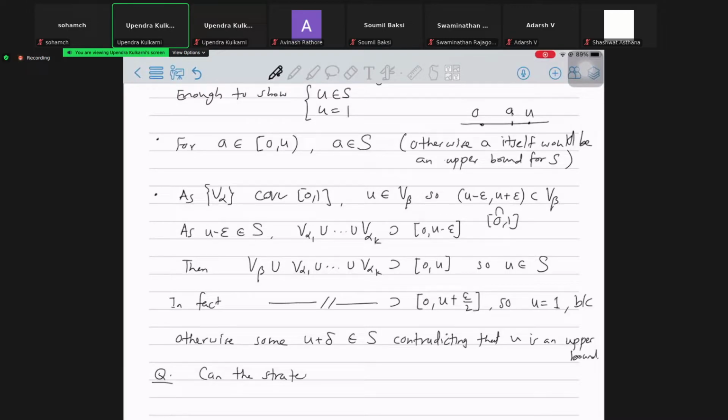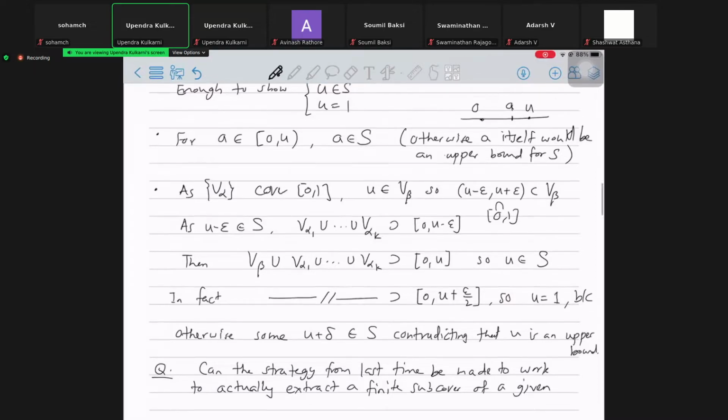Can the strategy be used to actually extract a finite subcover of a given cover?